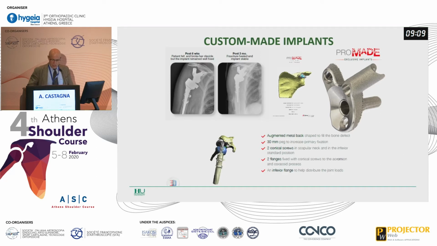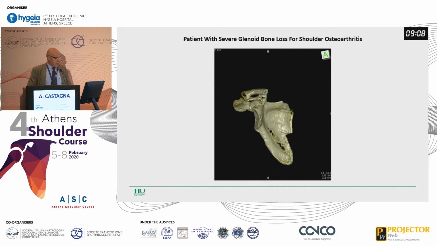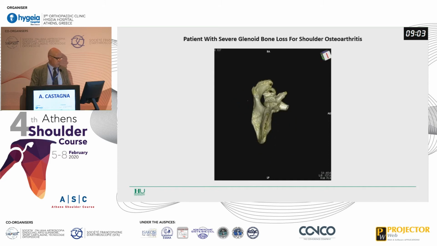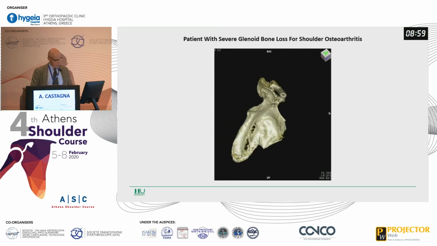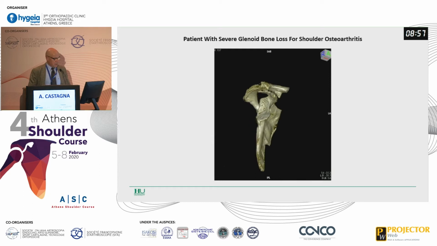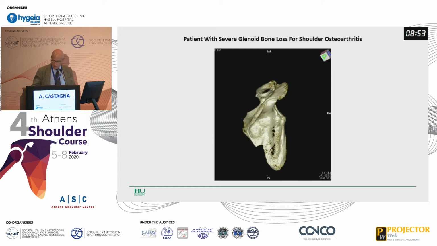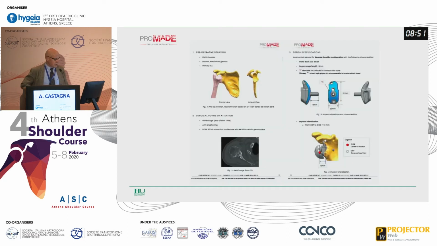So this is what we do when we have these bad cases, like this gentleman here with this bad erosion, almost no more bone, especially in the posterior superior part, you see, and of course everywhere missing bone. So when you have such a condition, this is what we do. We have the preoperative condition, then we take our CT scan with the surgical points of attention, the age, arm lengthening, and so on.